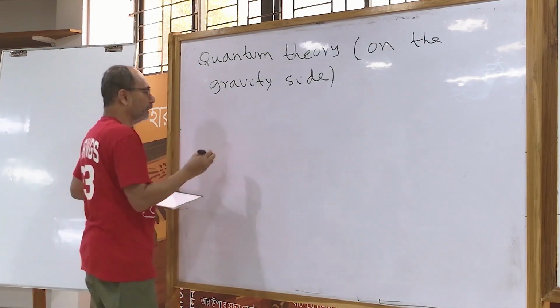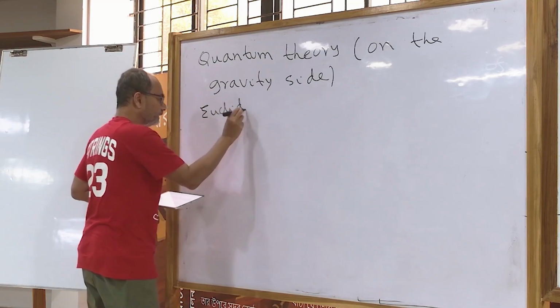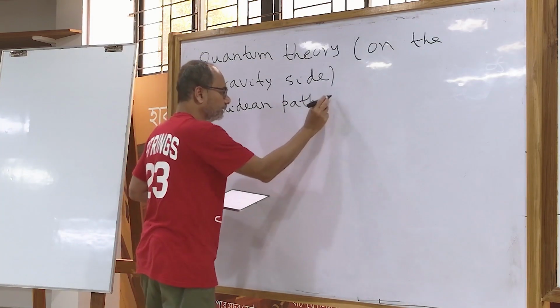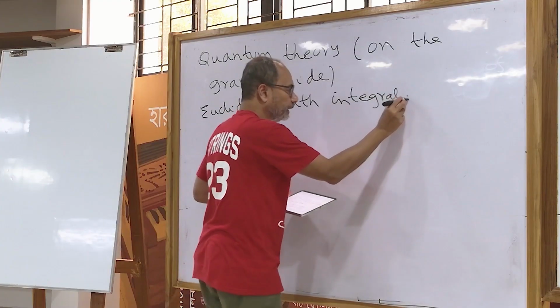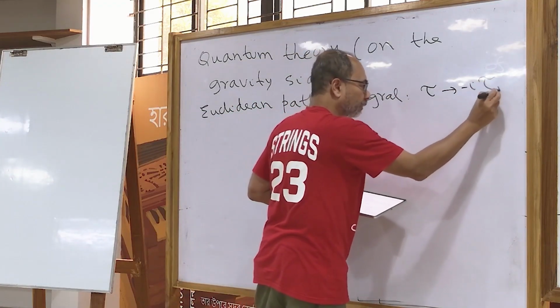So quantum theory is based on using the Euclidean path integral. So we take tau to minus i tau_E, Euclidean.